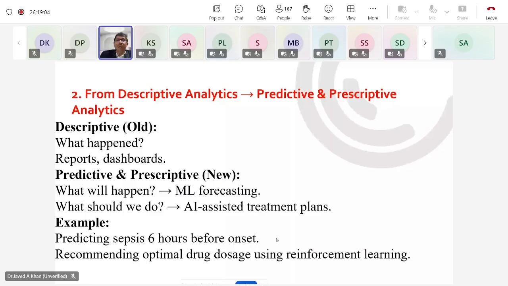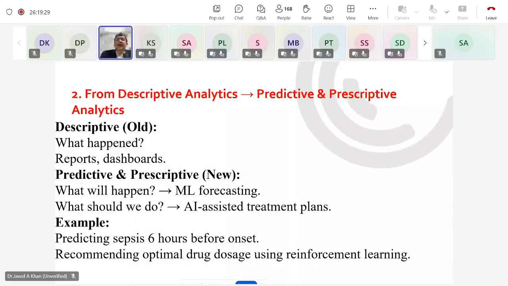And what should we do next? AI-assisted treatment plans. They can suggest treatment and predict your health requirements. For example, predicting sepsis 6 hours before onset, and recommending optimal drug doses using reinforcement learning. That is the next shift.